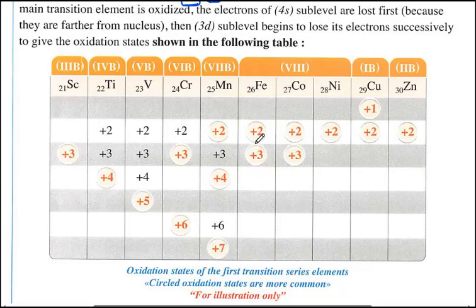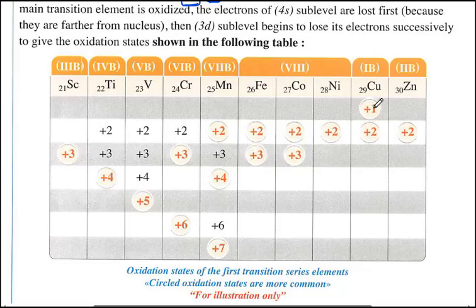Iron is oxidized into ferrous and ferric, or positive 2 and positive 3. Cobalt is like iron in the oxidation state. It is positive 2 and positive 3. Nickel positive 2 main oxidation state. Copper positive 1 and positive 2. Zinc positive 2 only. Here we have to notice that this oxidation state of iron, positive 2, we call it ferrous, and positive 3 we call it ferric.